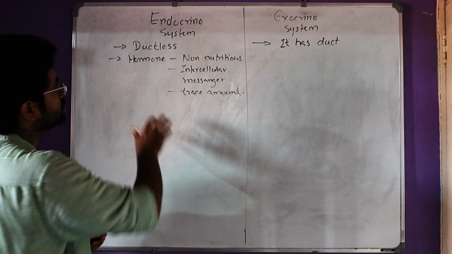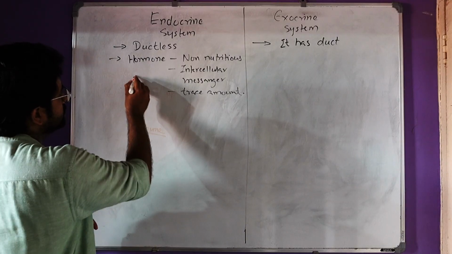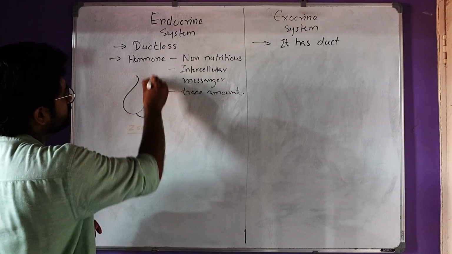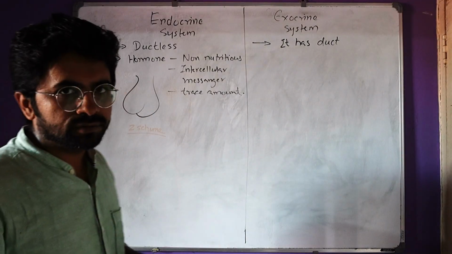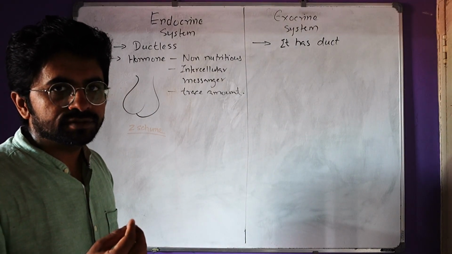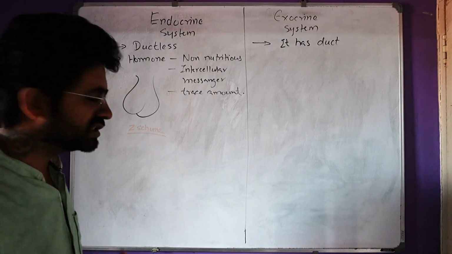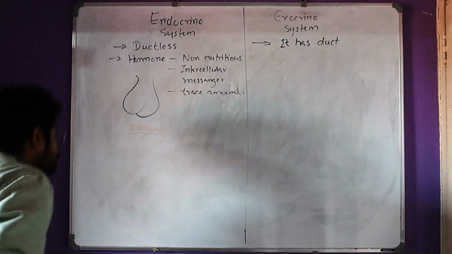Now suppose let's consider a gland, for example pituitary gland, and I am saying it does not have a duct. So whatever it secretes will be poured in blood circulatory system.